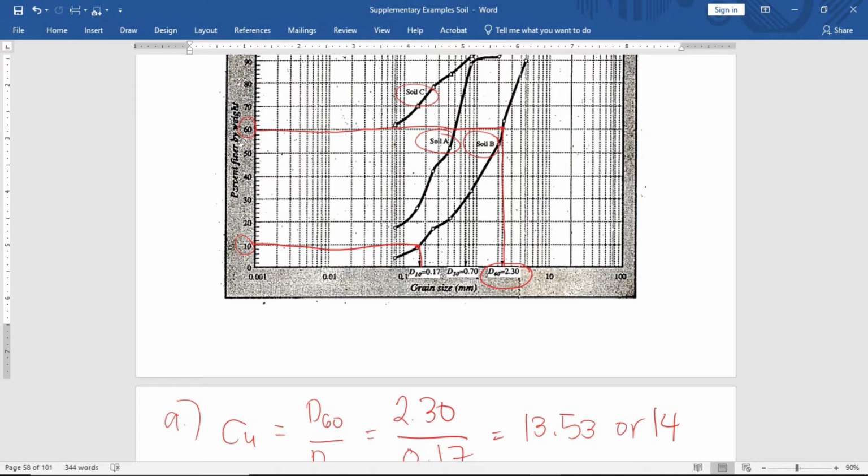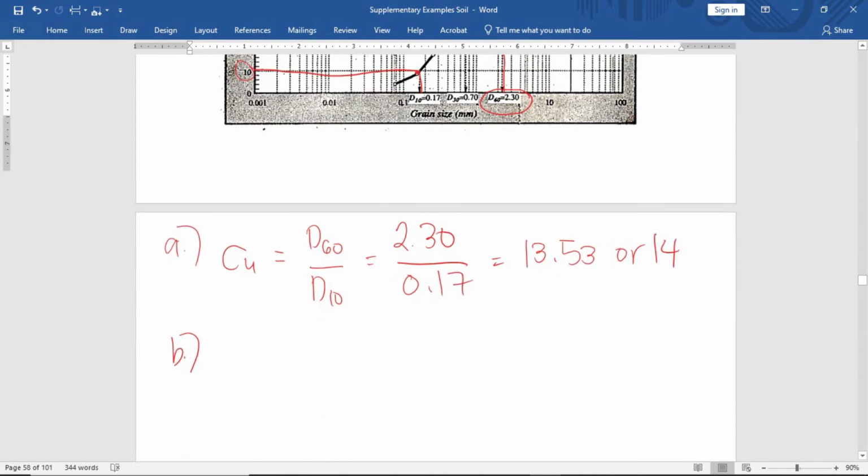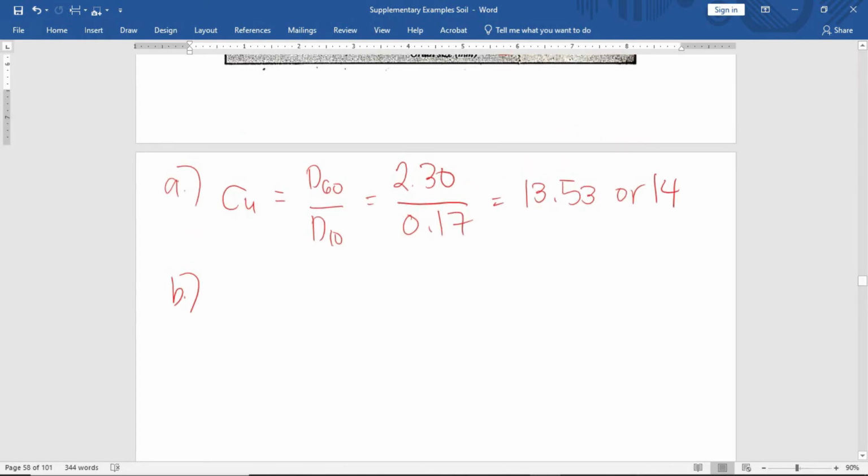Ang una nating anuhin is, di ba, yung last problem natin, meron tayong number 10, number 40, tsaka number 200 na sieve.